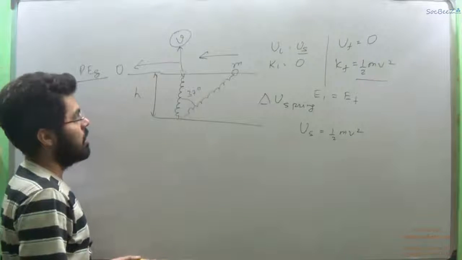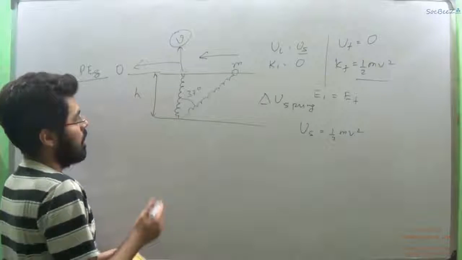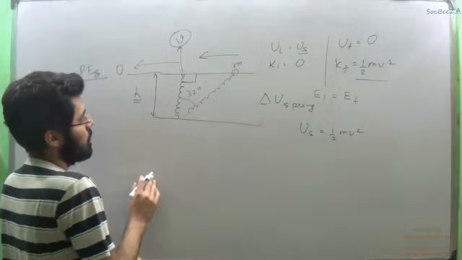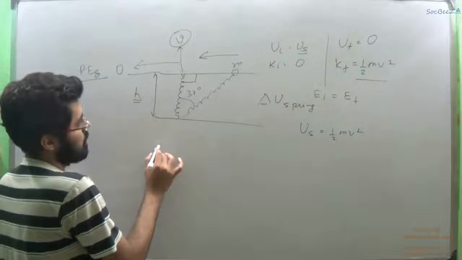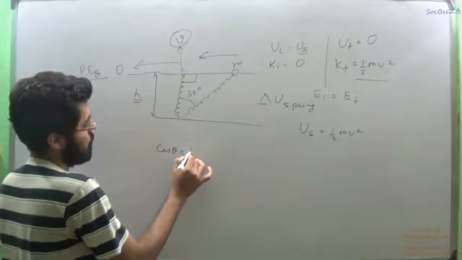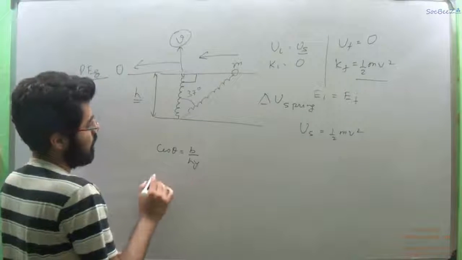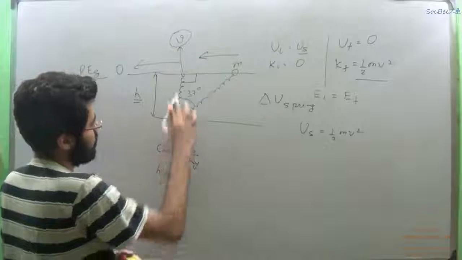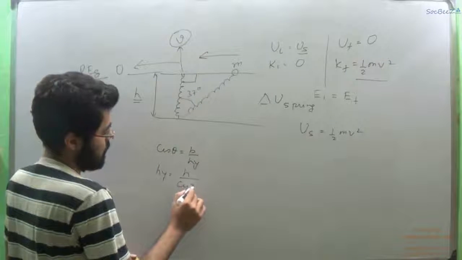How can we calculate that? That's also pretty simple. You need to know this height. This is a right angle triangle, so cos theta is equal to base by hypotenuse. The hypotenuse we have to calculate, and the base is h. So the hypotenuse is h by cos 37.